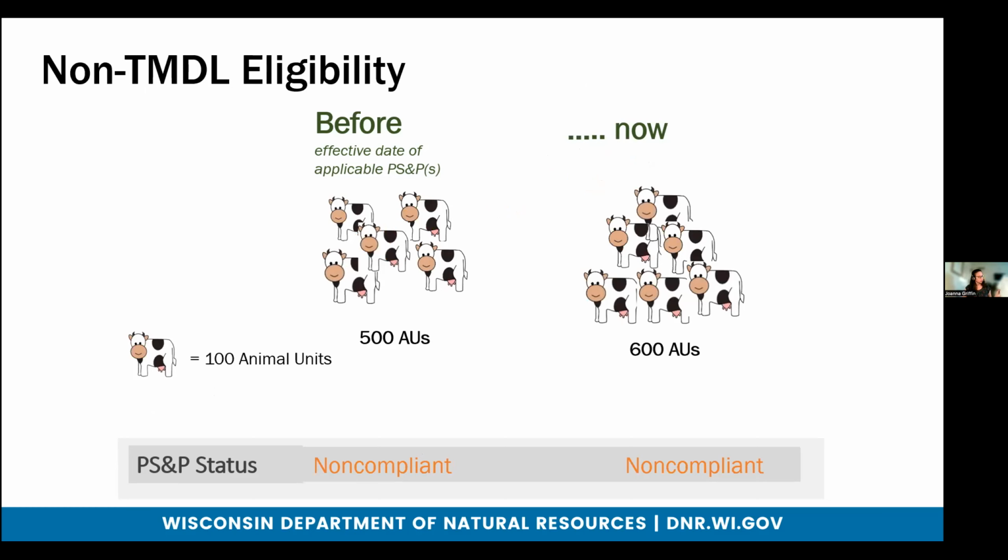In this example, the performance standard status was non-compliant before and is still non-compliant. So this project is eligible. It was in existence and has been continuously non-compliant. So how can it be eligible when the number of animal units increased from 500 to 600?